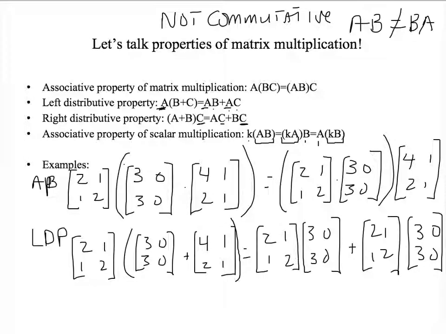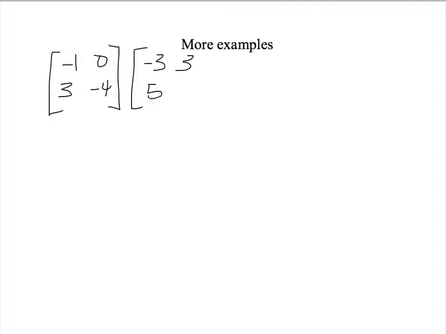Now, a couple more examples that I want to do with you before I send you on your way to multiply matrices on your own. So -1, 0, 3, -4 times -3, 3, 5, 0. First of all, can I multiply these two? This is a 2 by 2.